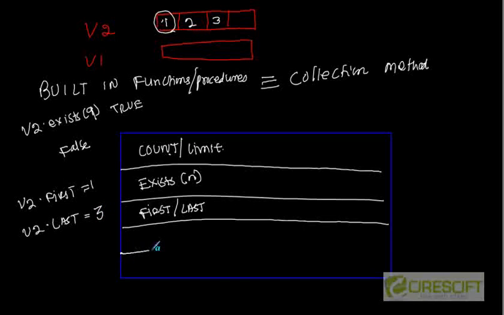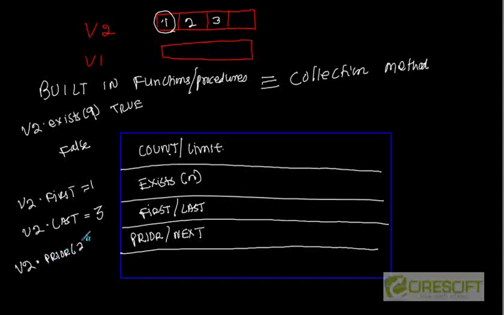Then two more methods called prior and next. That means if I do v2 dot prior 2, the value will be 1. So basically v2 dot prior 2 will give me the previous index before 2.